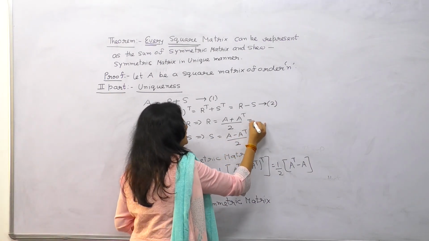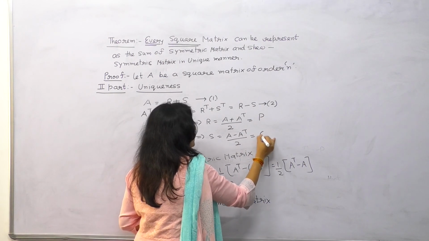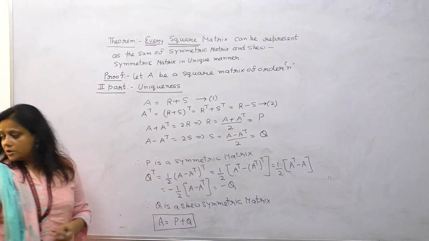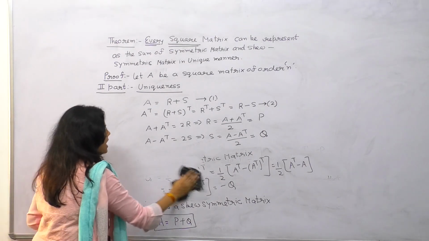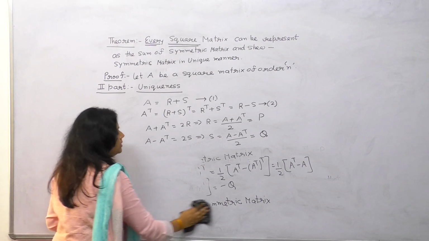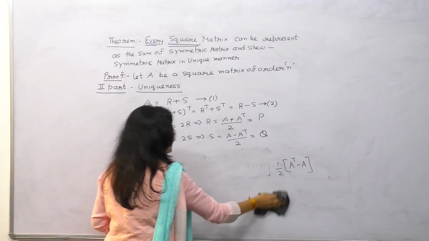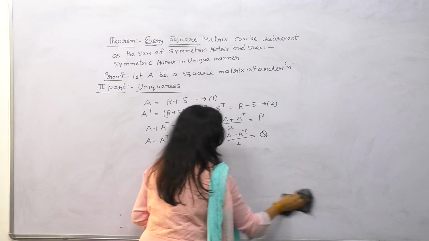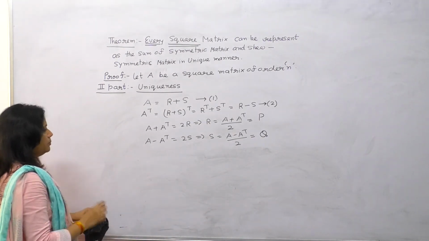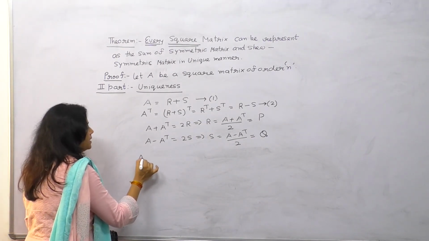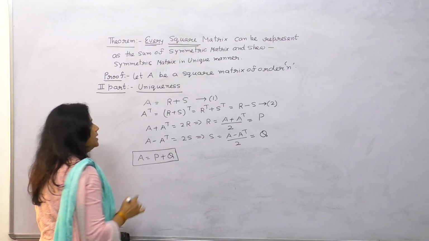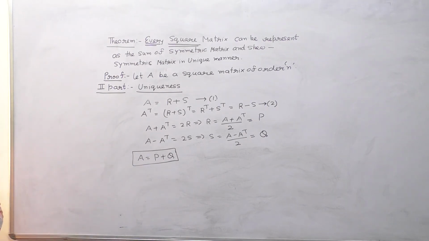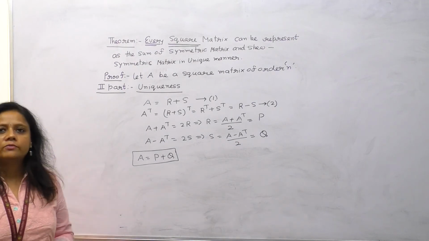That means this is the value of P and this is the value of Q. So our assumption, that A is equal to R plus S as another representation of the matrix, is contradicted. That means A can be written as a sum of symmetric and skew symmetric matrices in a unique manner. This is the basic theorem of the property.